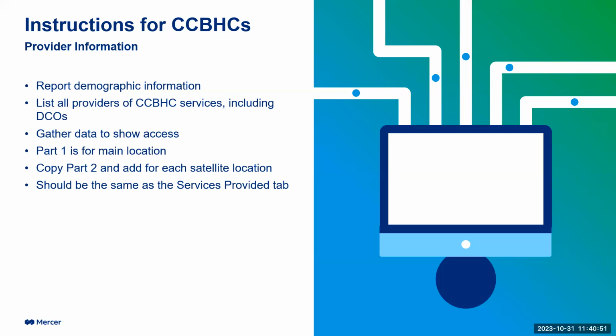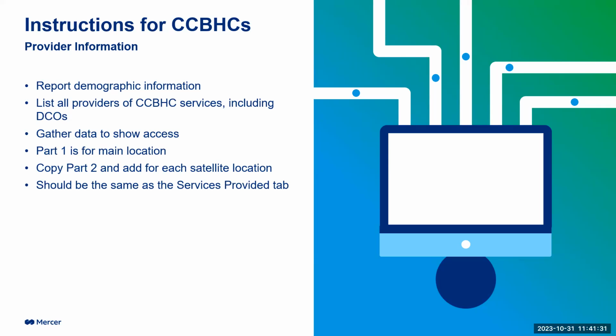The first part of the cost report that you'll see is just some general instructions for the CCBHCs and giving some specific provider information detail. You'll report the demographic information of each of your sites potentially, and list all providers of CCBHC services, including any DCOs. It will show access, days open, and hours open of each of the sites. Part one of the provider information tab is for the main location of the provider organization.